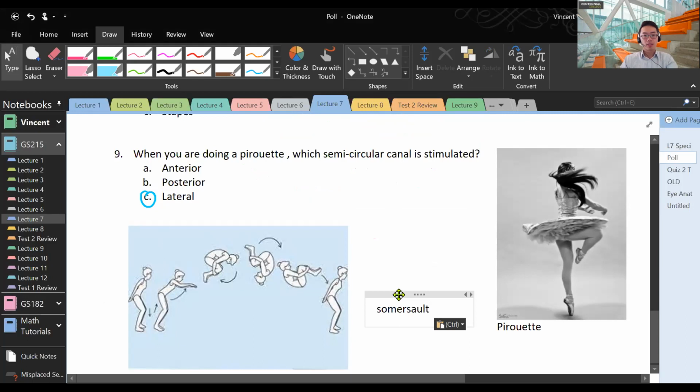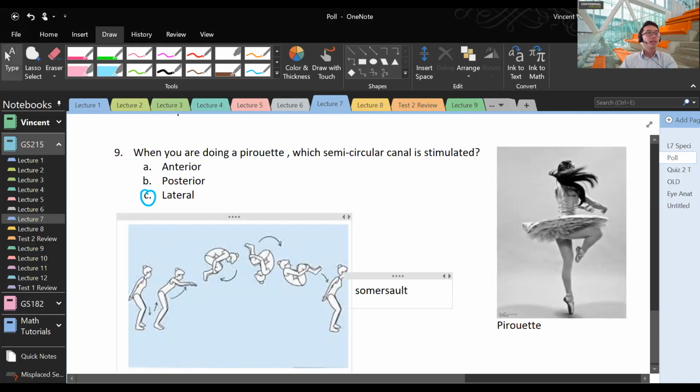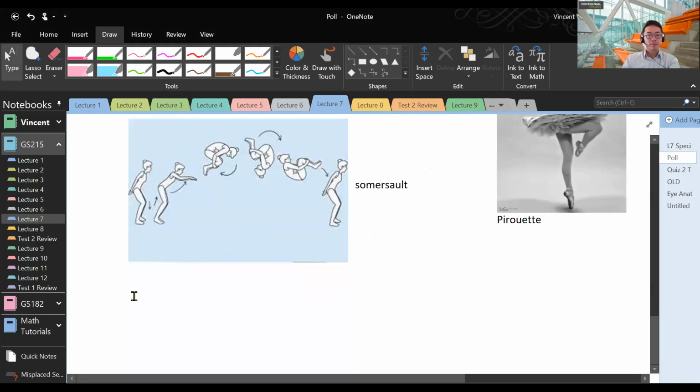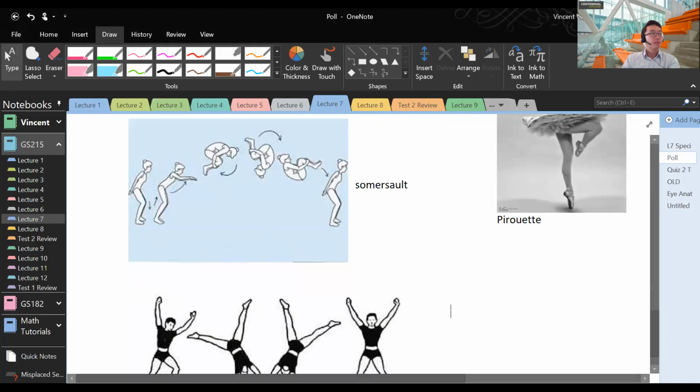This is somersault, for anyone who doesn't know. Yes, cartwheels. Exactly. Let me search up a cartwheel for anyone who does not know what a cartwheel is. There we go. Cartwheel. Okay.